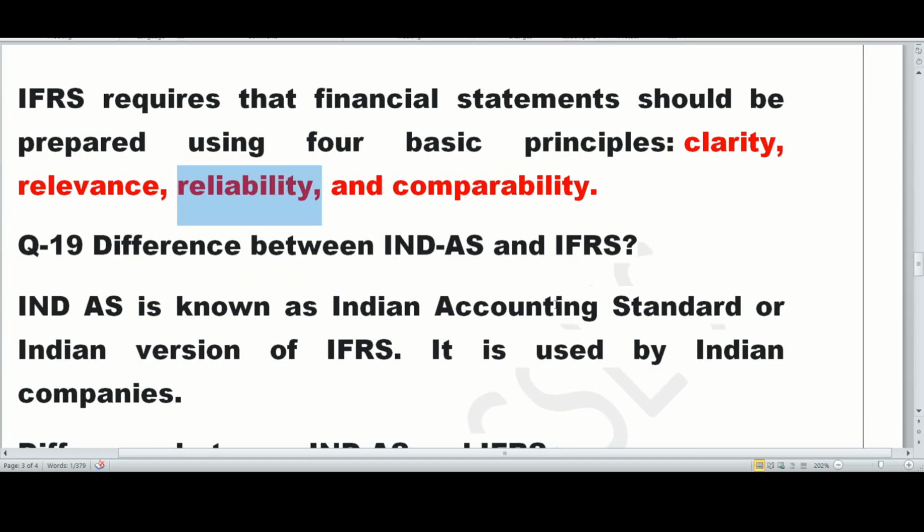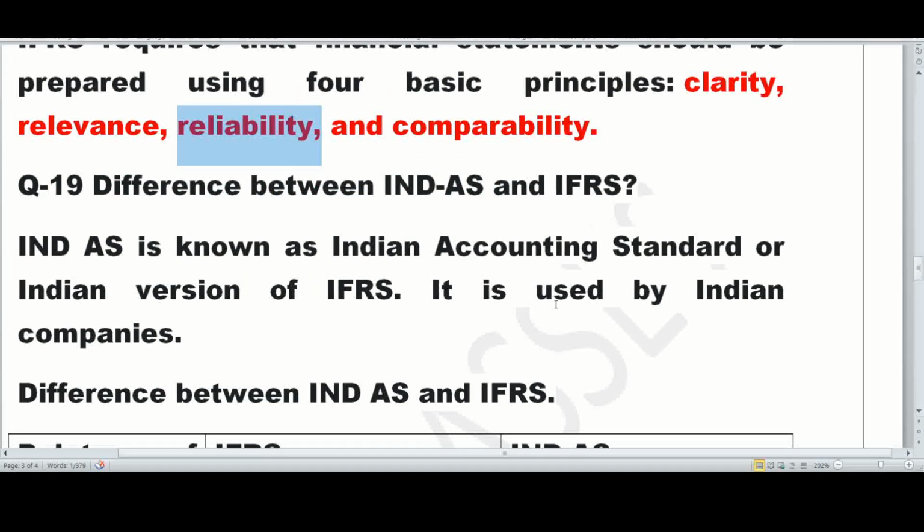Then the next question is the difference between Ind AS, Indian Accounting Standard, and IFRS. The accounting standard developed and applicable in India is your Ind AS, and IFRS is the International Financial Reporting Standard.